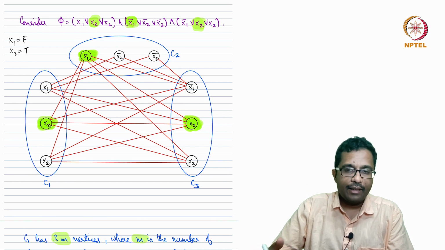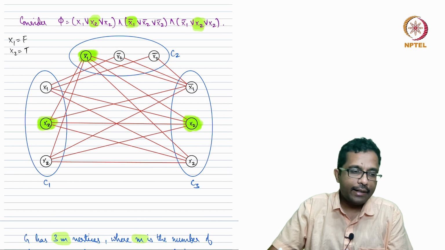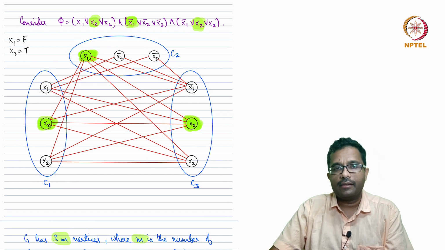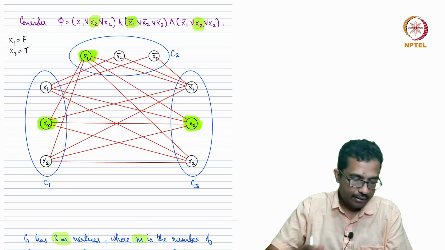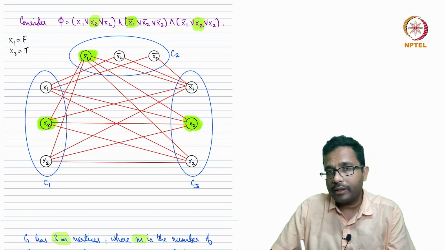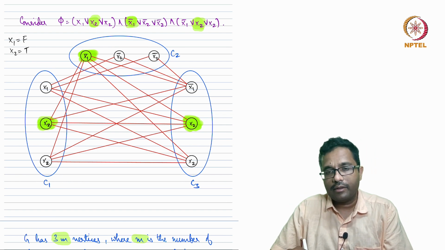For the other direction, if G has an M clique, we know that each group, or each clause, has only one vertex, and cannot have more than one vertex because there are no internal edges. So each group has exactly one vertex, right.